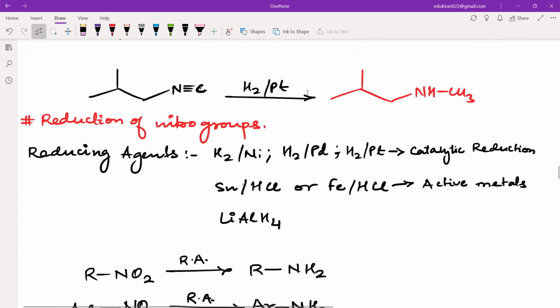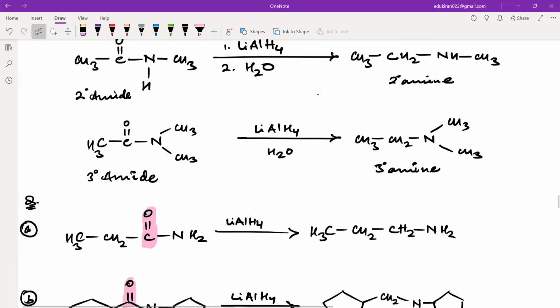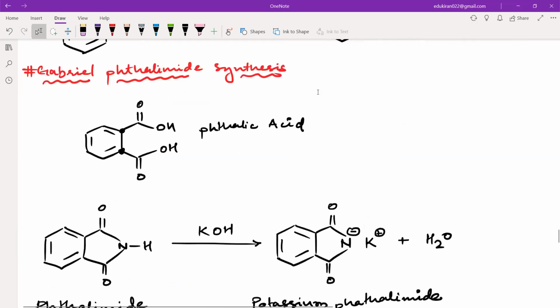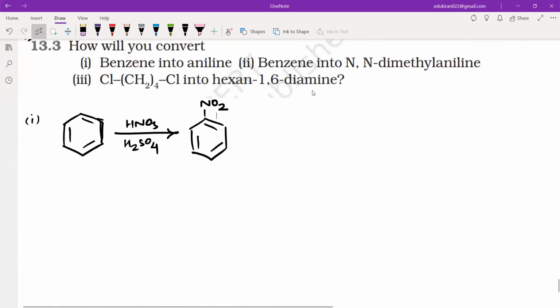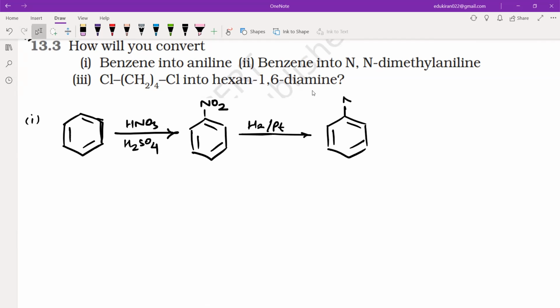So we can use any of the reducing agents, H2 in the presence of nickel, Pd or Pt or anything else, and you'll be converting NO2 into NH2. That's it. Simple 2-step reaction. Have H2, presence of Pt or Pd, and instead of NO2, this will be converted to NH2.